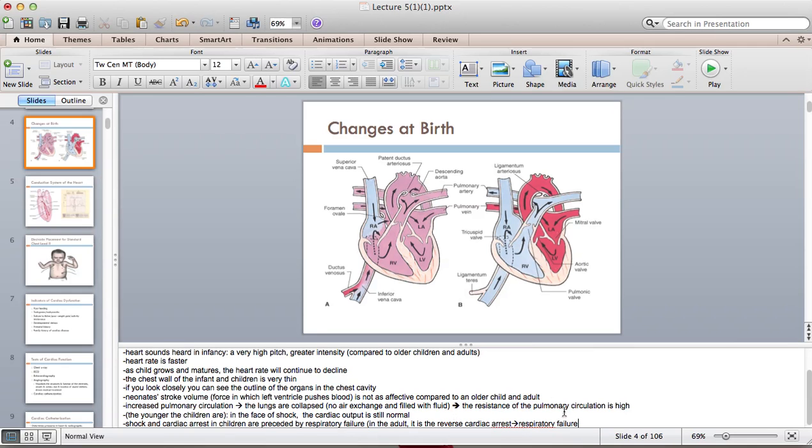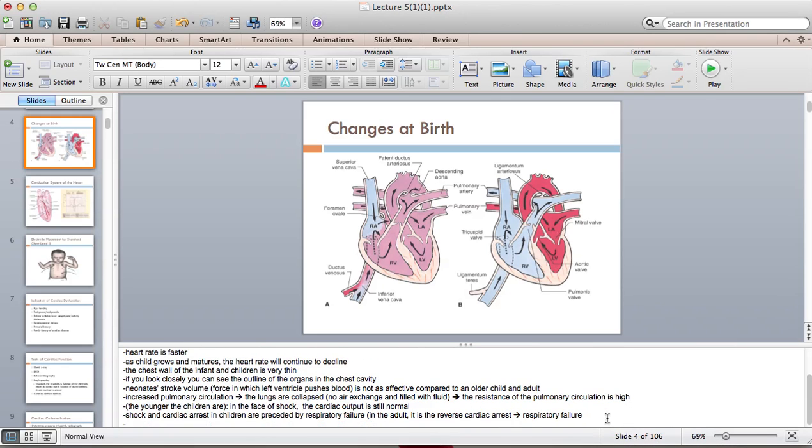Because we said that shock may still be present, and the heart rate and the blood pressure will still look normal in infants and younger children. When you notice a decrease in blood pressure in an infant or a child, that will be a late sign.